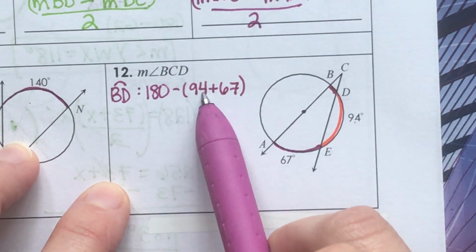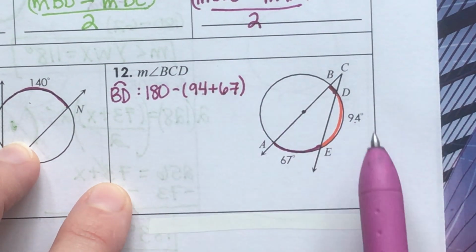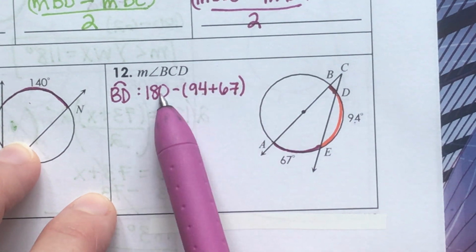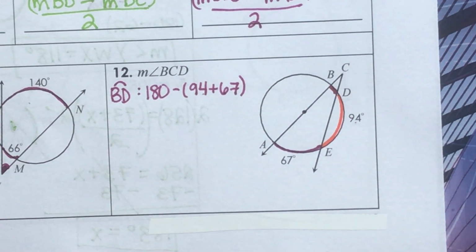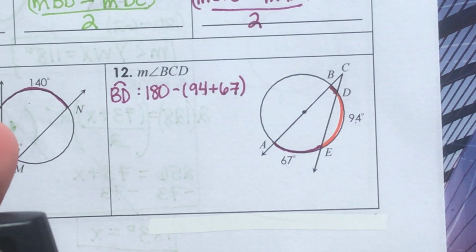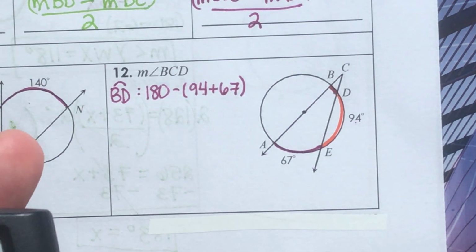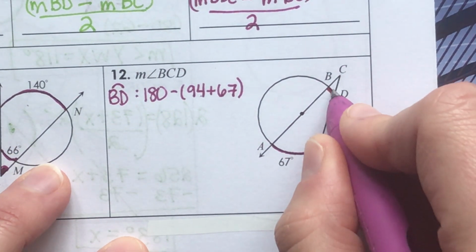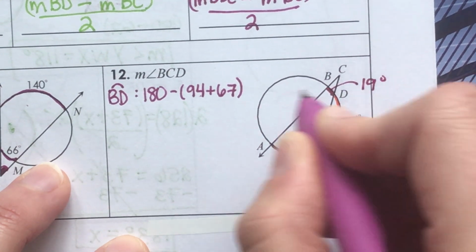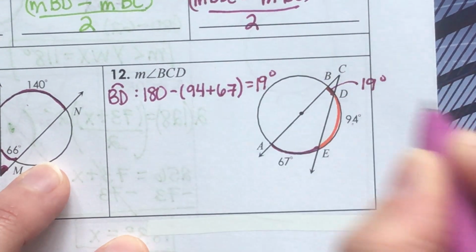Or you can add these two together first, then subtract from 180. 94 plus 67 is 161, and if I subtract that from 180, I get 19. So this small arc right here is 19 degrees.